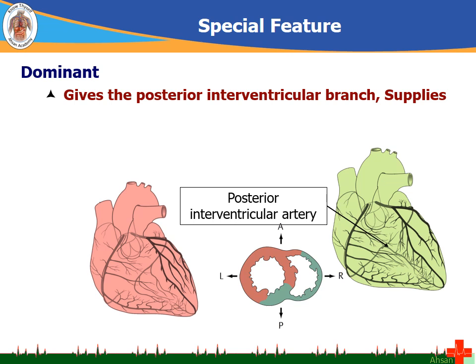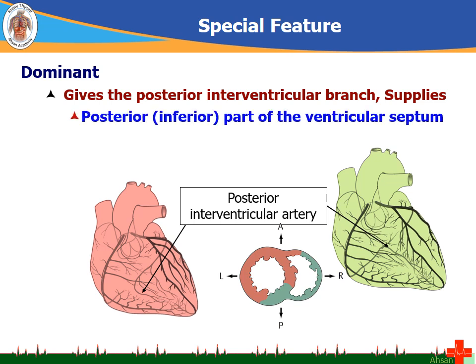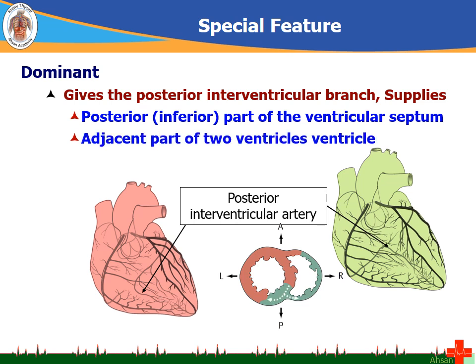On the contrary, in the red stained one, the posterior interventricular branch arises from the circumflex branch of the left coronary artery. So this heart is left dominant. The posterior interventricular branch supplies one third of the septum, as well as the part of the ventricle close to the interventricular groove. In most cases, we get right dominant arteries, and this has some clinical significance that we will discuss later.